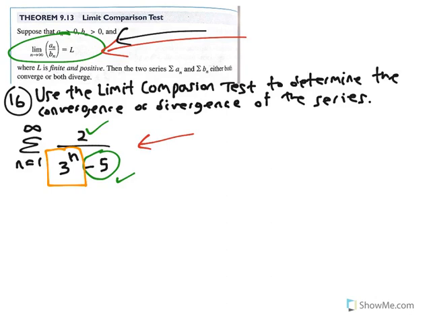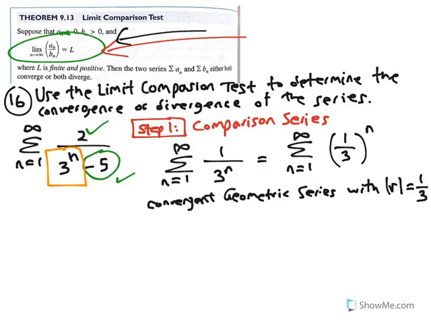And it turns out that a geometric series with a common ratio of 1/3 would do the job. So here's our comparison series. It is a geometric series, and geometric series are really easy to work with to determine convergence or divergence.